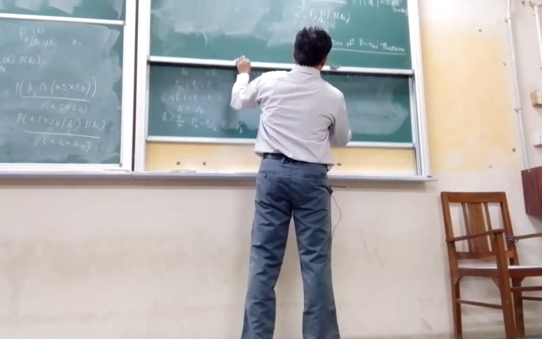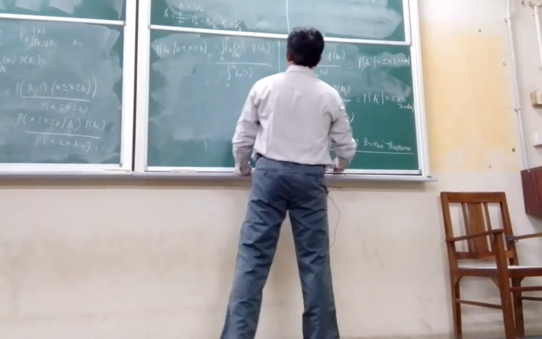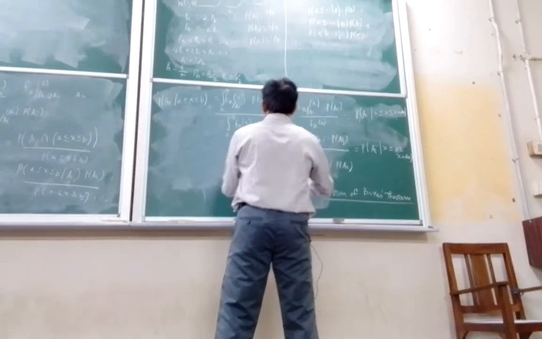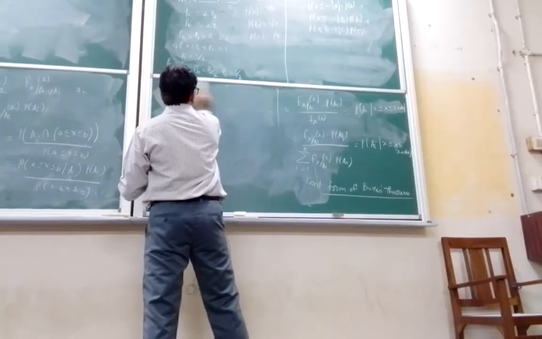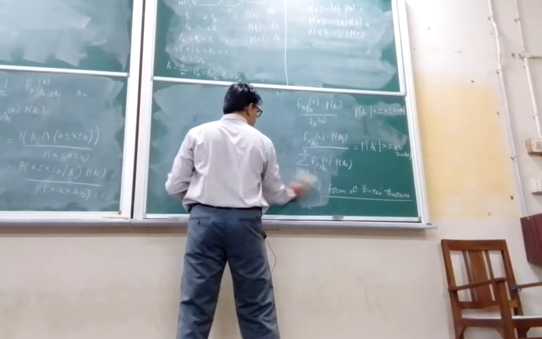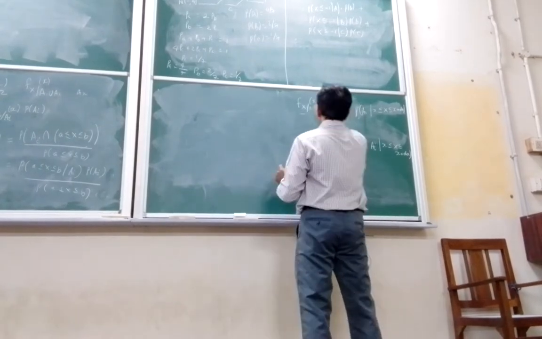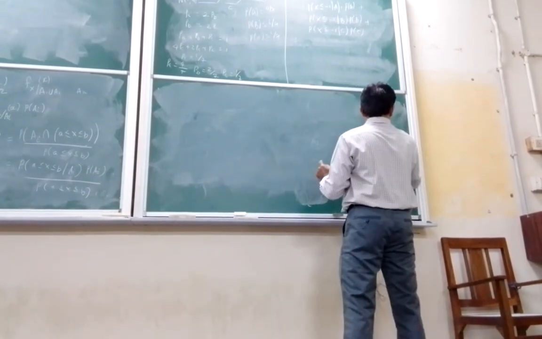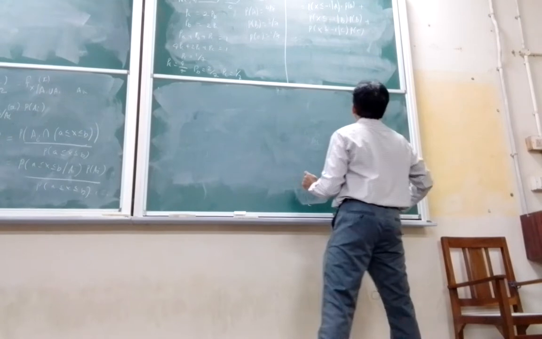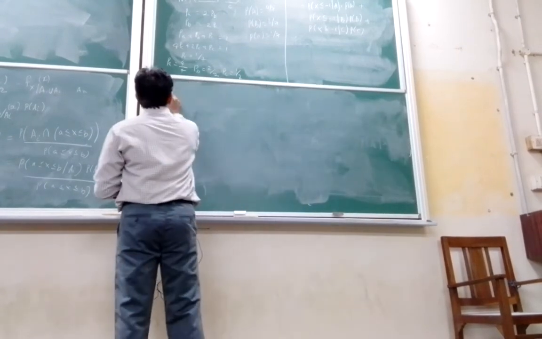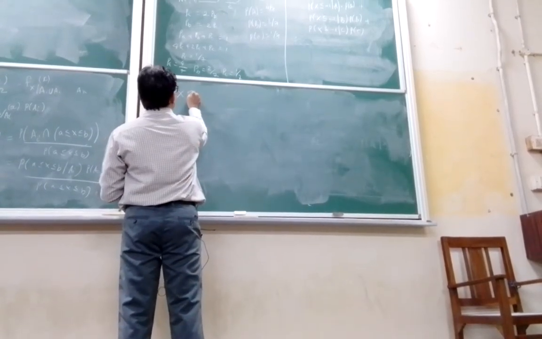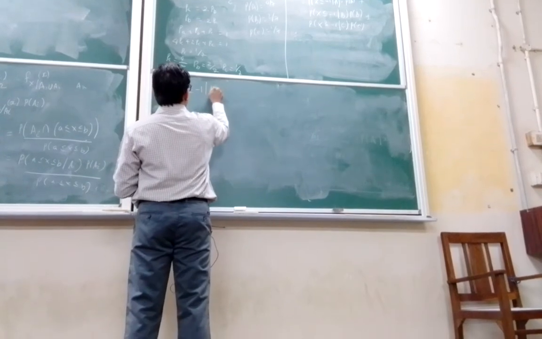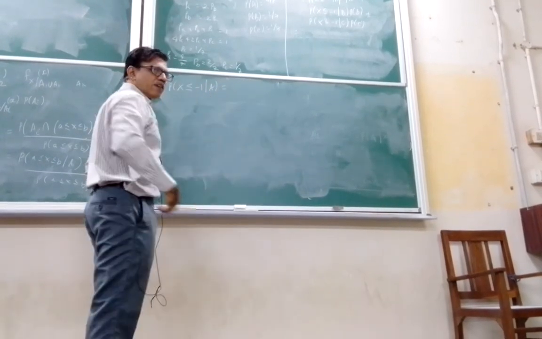I will do it. What is the probability of x less than or equal to minus 1 given A? One by one we can find it out.